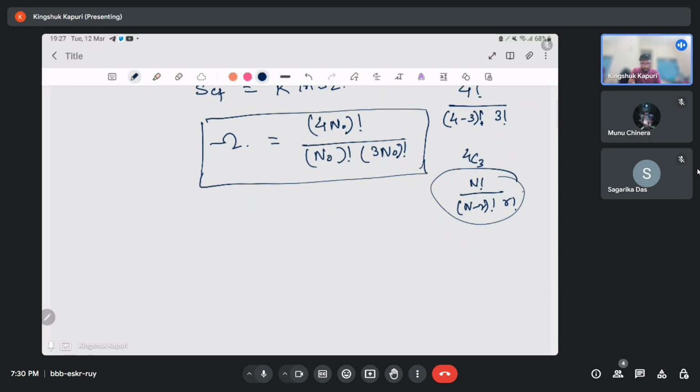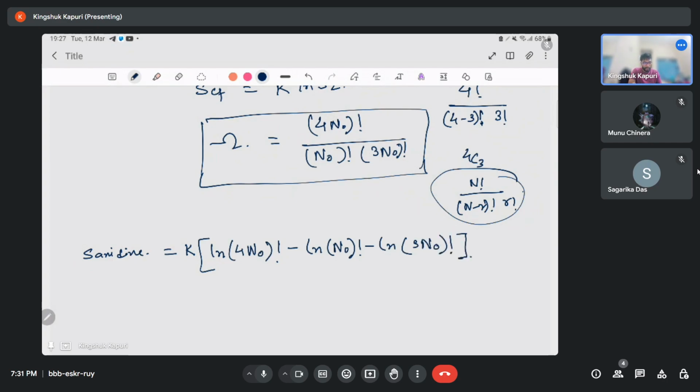So for sanidine, there is a ln, a log, in front. So it will be k, your Boltzmann constant, times ln 4 N0 factorial minus ln N0 factorial minus ln 3 N0 factorial, right?